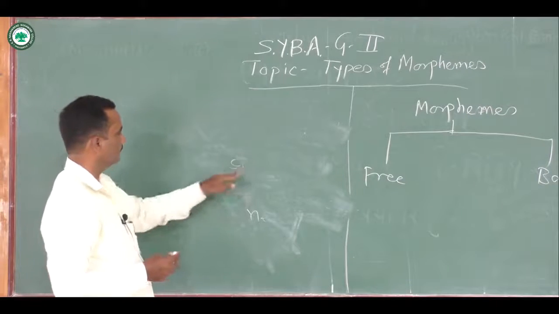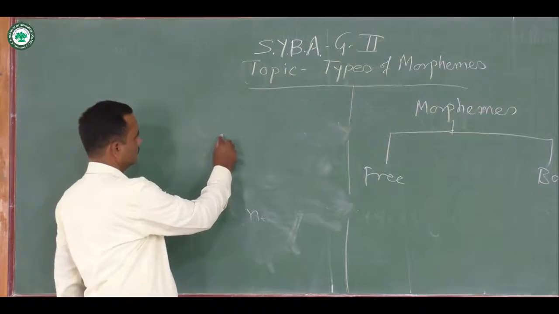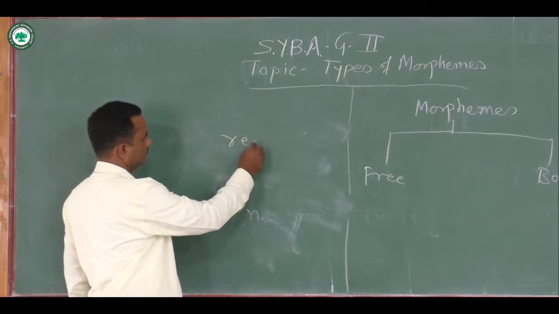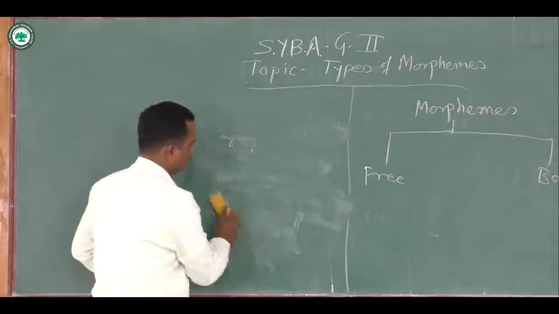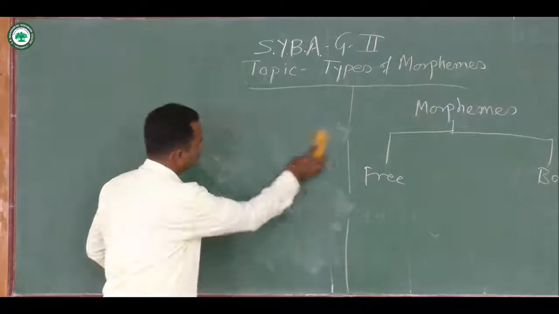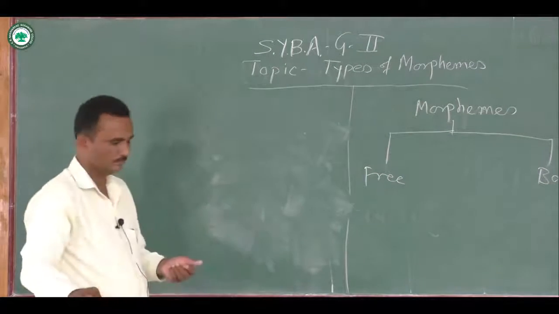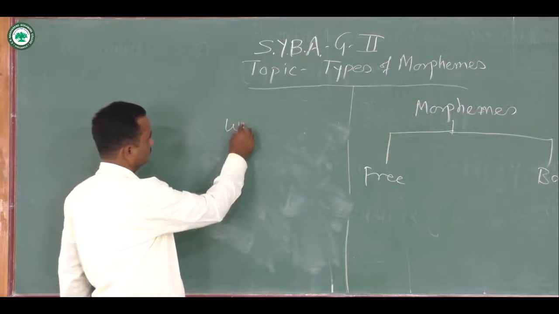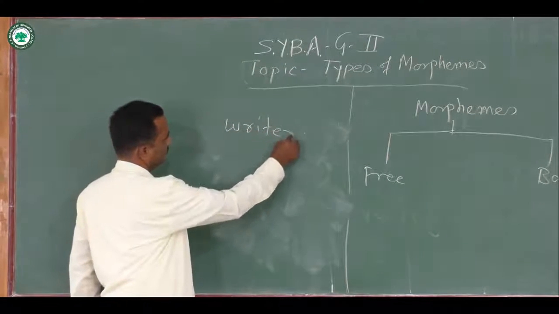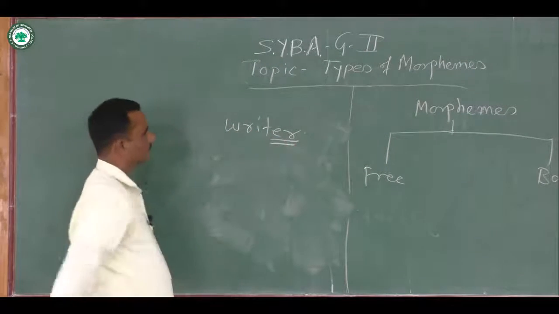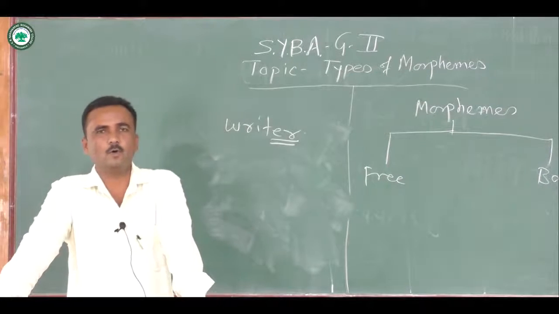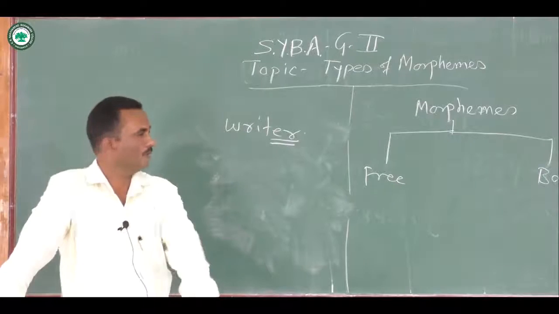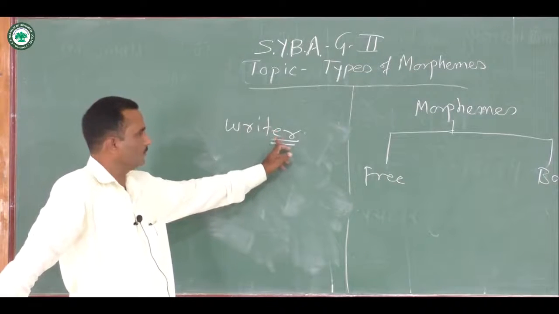Now look at the word writer. So there are two parts, write, and the second morpheme is er.